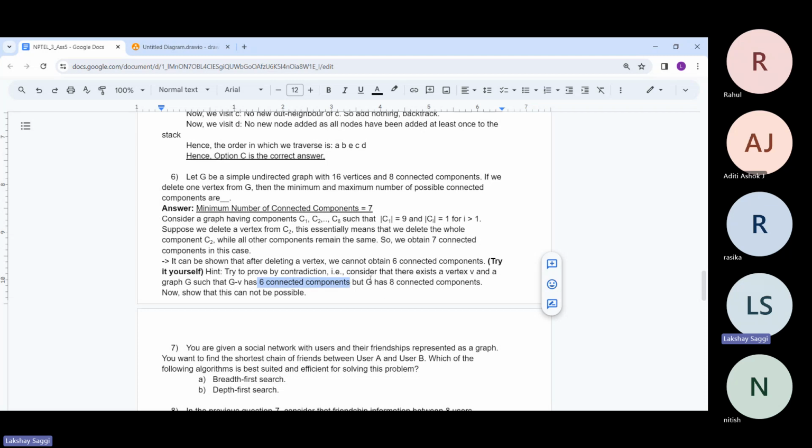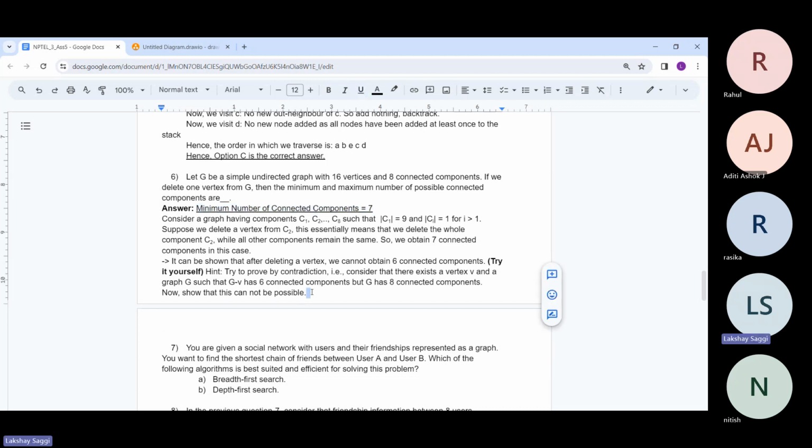But this means that G actually has seven connected components, which is a contradiction to the given statement that G has eight connected components. Very easy, you can also see this via a diagram. So we cannot obtain six connected components, and we have an example in which we actually obtain seven. That's why seven is the minimum.